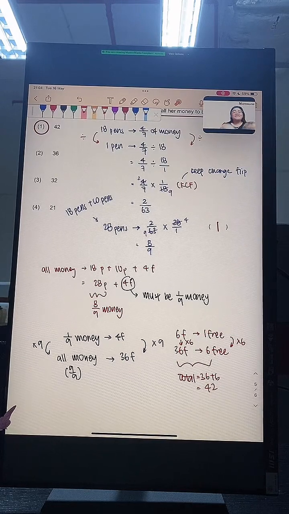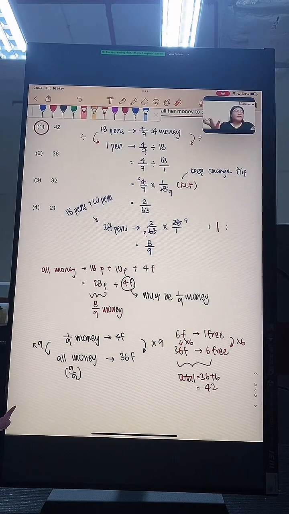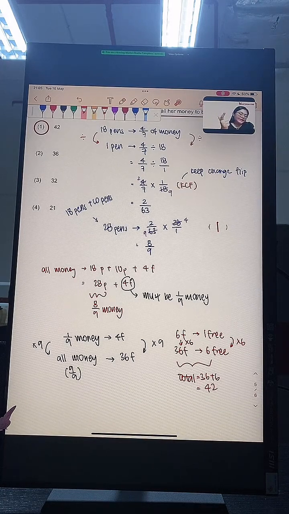So let me recap what we have done so far, okay? We have learned about fractions division, using KCF, keep, change, flip. We have learned about the branching method when we see of the remaining, of the remainder, of the rest. We remembered that every branch, or rather each layer of the branch, must be one whole.